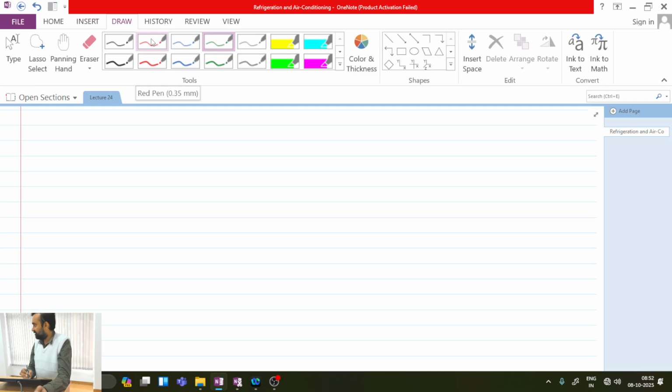Let us understand this. So this was the schematic representation. Let me draw the actual system. Let us consider this is my condenser coil.